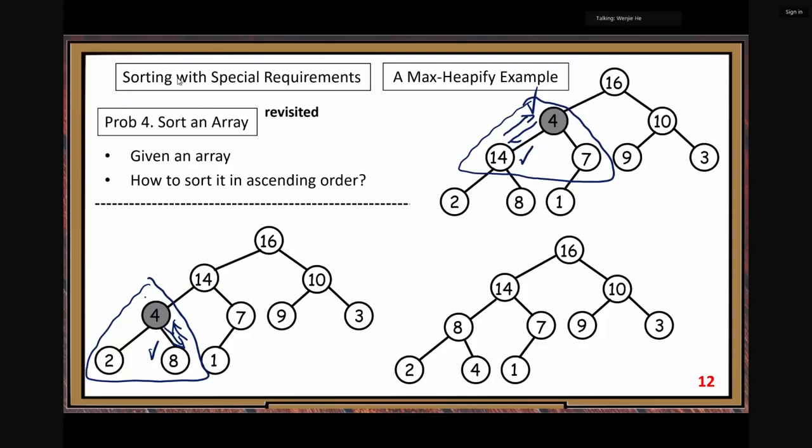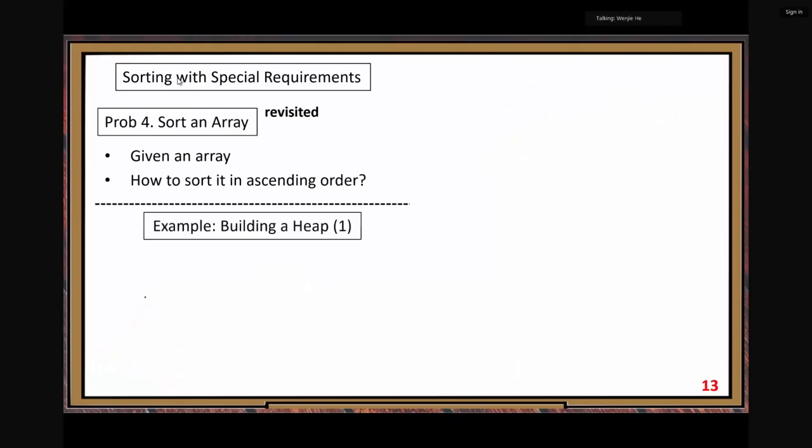Because for the local region, you do not need to worry, because before that violation, we assume the whole max heap is a good one. Only some problem occurs locally, at one specific location. So that's the max heap part.